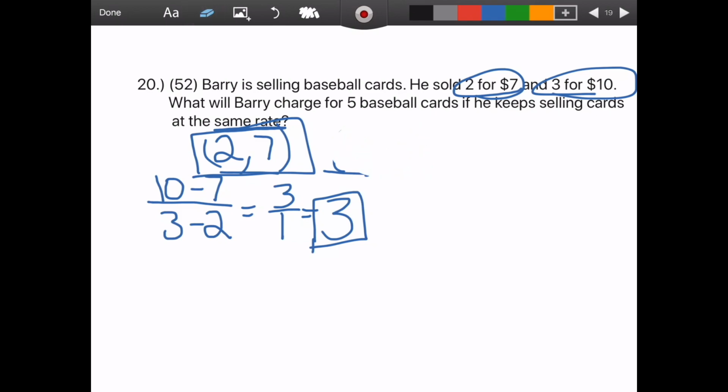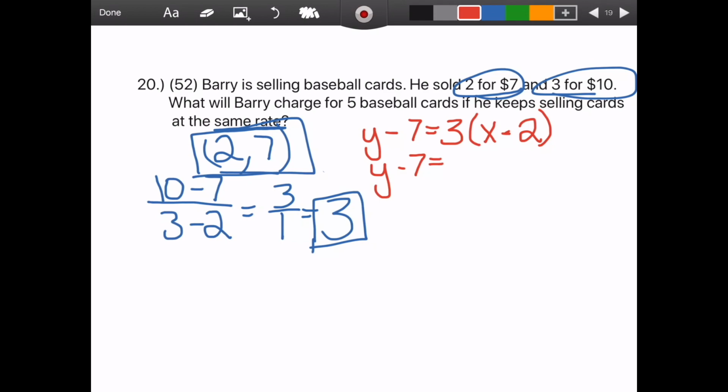So I'm going to erase this for right now so I can work over here. Now remember, point-slope form, we have y minus the y in our point equals our slope, and then x minus the x in our point. So let's simplify this now, and then we'll put it into slope-intercept form.